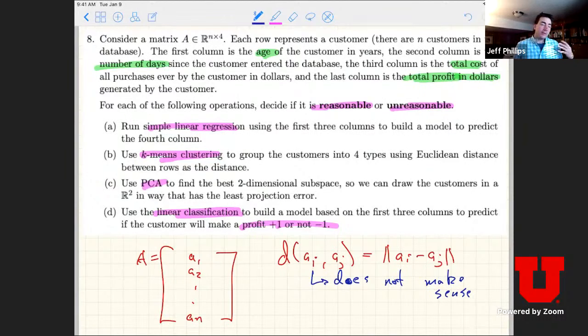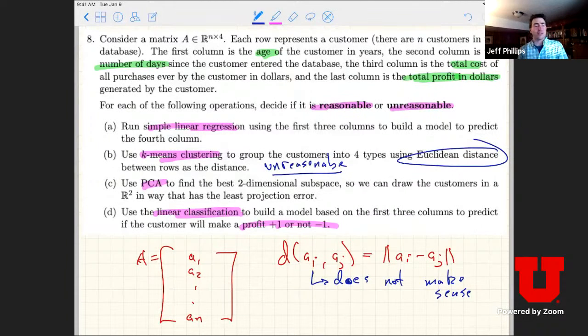Now we need to go back and say which of these techniques assumed that we could use this distance. The Euclidean distance was used specifically within clustering. So that one was unreasonable, because we're using this Euclidean distance and it doesn't make sense to compare quantities like the age versus the total cost this way.